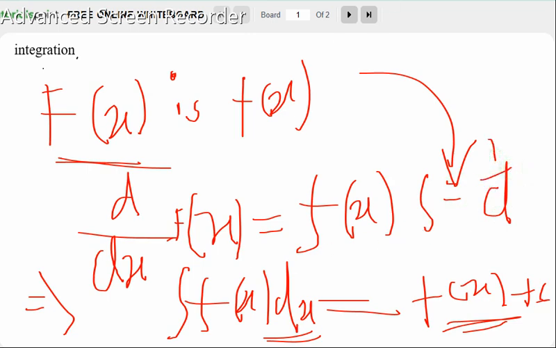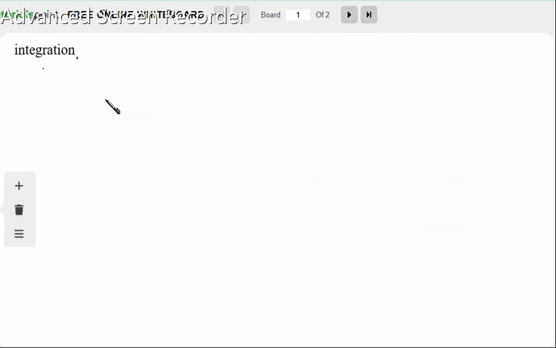Okay, so now we are getting to some examples. In this video I will try to explain the very first part of integration, which is the power rule.